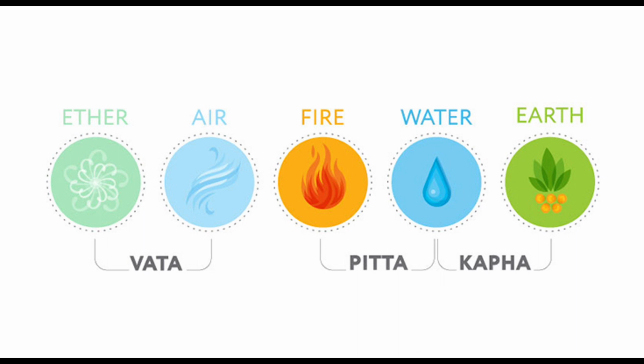So this is basically the entire process of formation of the seven tissues and the Ojas. The concept of Ojas is very unique, only in Ayurveda.